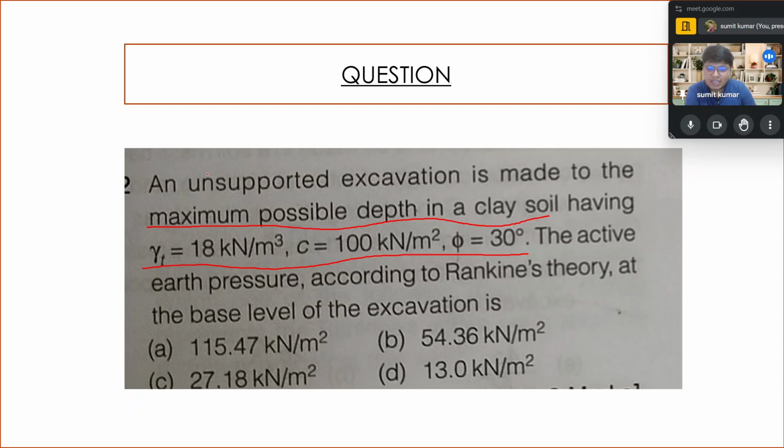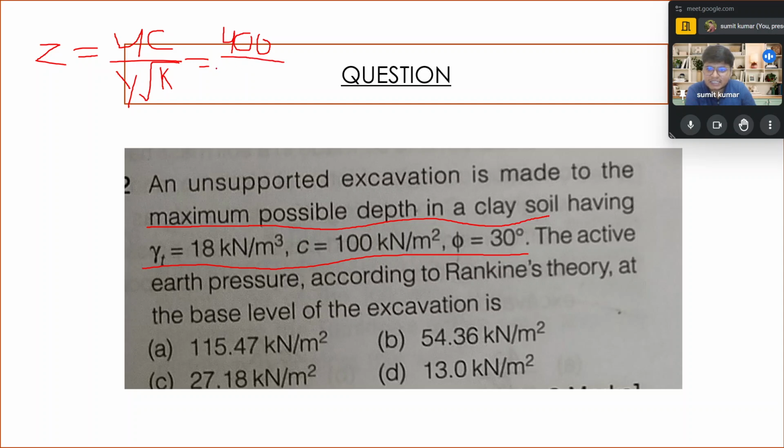So first of all, we have to know the maximum depth of excavation. The maximum depth of excavation without the support is Z equal to 4C by gamma root K, that is 4 into C upon gamma into root K. As we know, the value of C over here is 100, so 400 upon gamma.